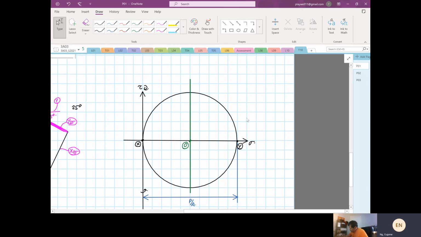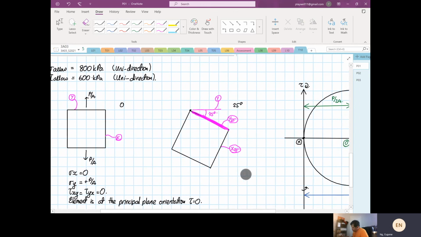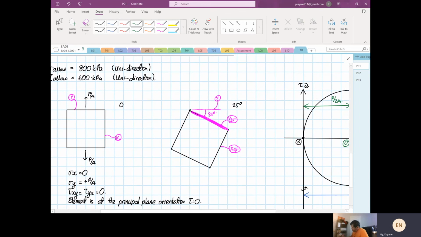Then the distance from here to here, this is P over 2A. So what we know is the element will rotate by 25 degrees in a clockwise manner.